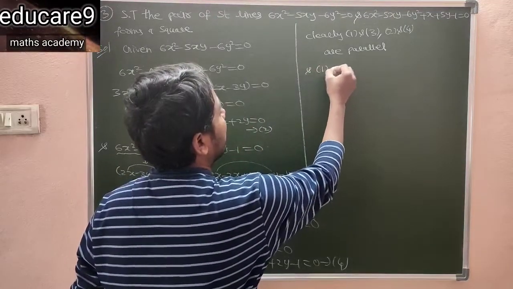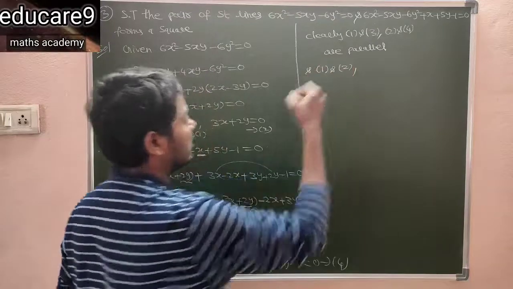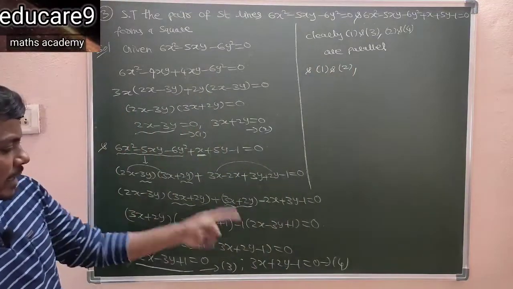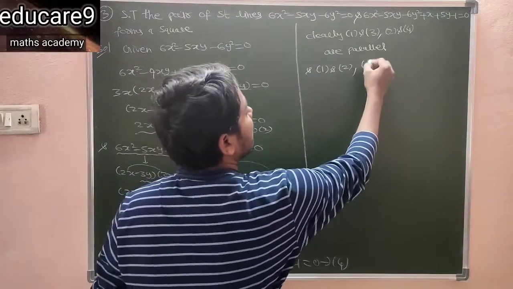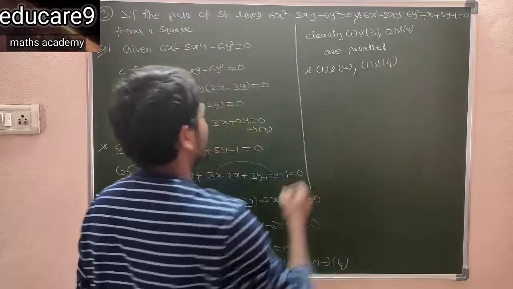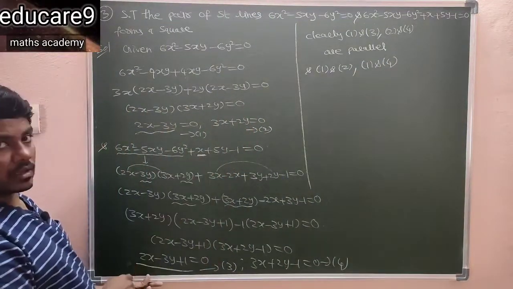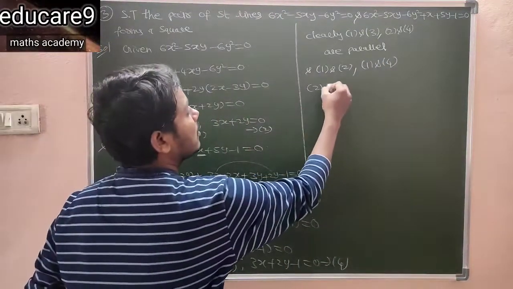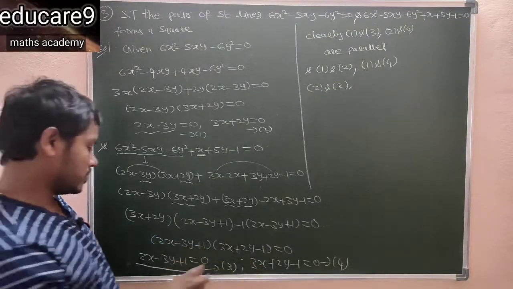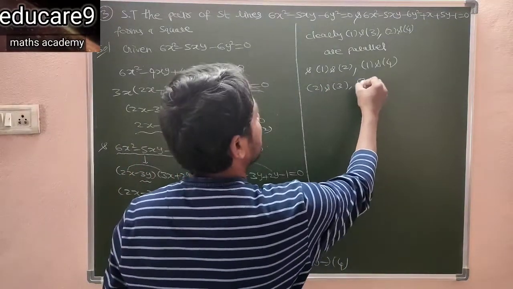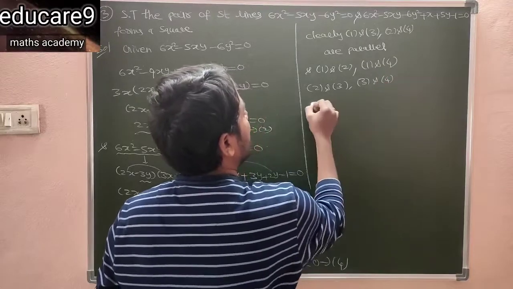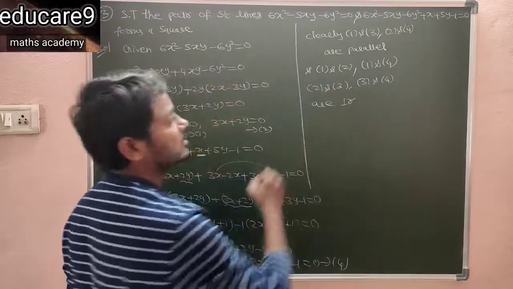And 1 and 2, see here, 1 and 4. Next observe 2 and 3, 3 and 4 also. So 3 and 4 are perpendicular.